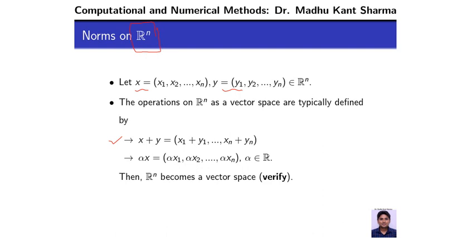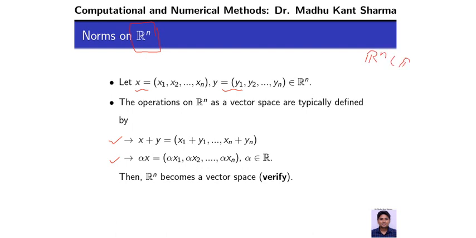So x plus y is obtained as x1 plus y1, x2 plus y2, and so on up to xn plus yn. Scalar multiplication is obtained by multiplying each coordinate, so alpha x is alpha x1, alpha x2, and so on up to alpha xn, where alpha is any real number. We are talking about Rn over R.